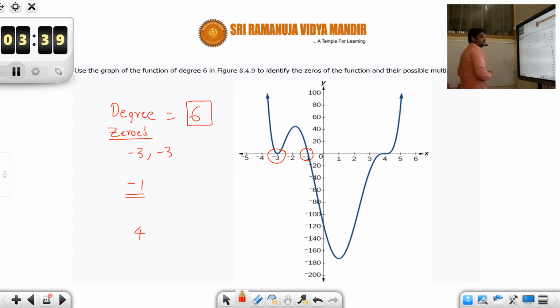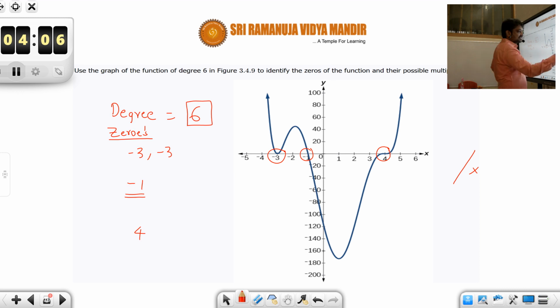Now look at the other one. 4 is a zero, and you can observe that this is not linear, and it is not bouncing back either. If it is not bouncing back and it is cutting the axis, then the zero would be of odd multiplicity.